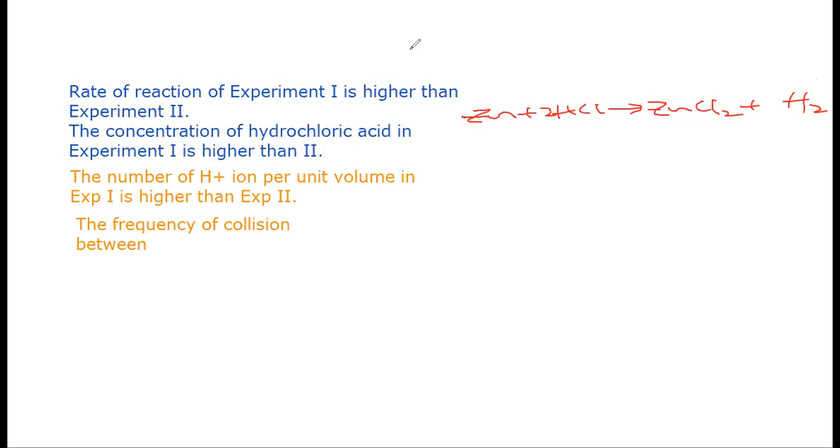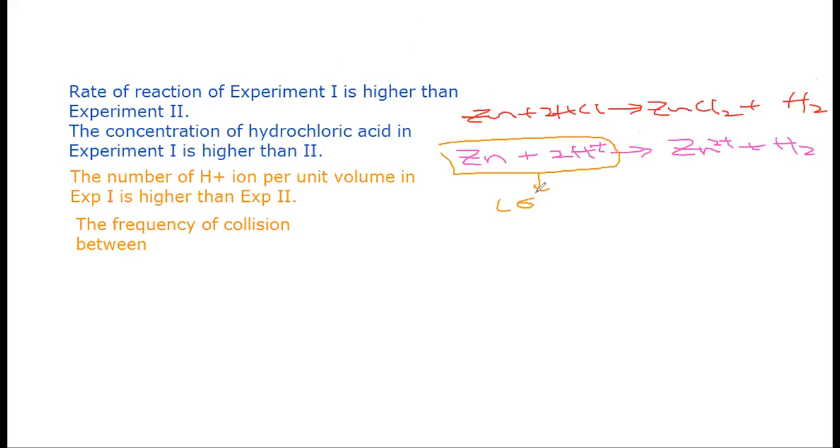Now from here, if I were to write the ionic equation, I am having the Zn plus 2 mole of hydrogen ion, getting the zinc ion and the hydrogen gas molecule. Agree? Now, therefore, from what we see here, these two are the particles which collide each other, colliding particles.